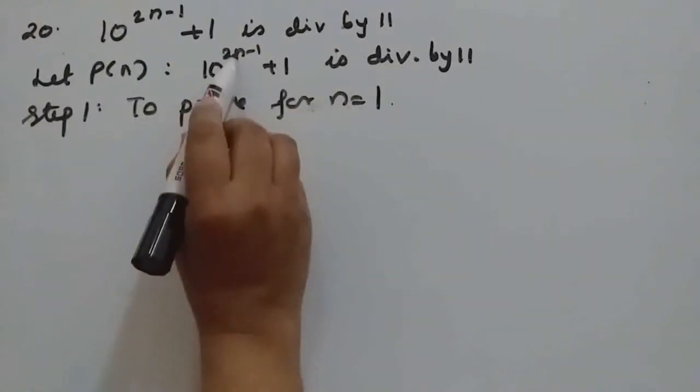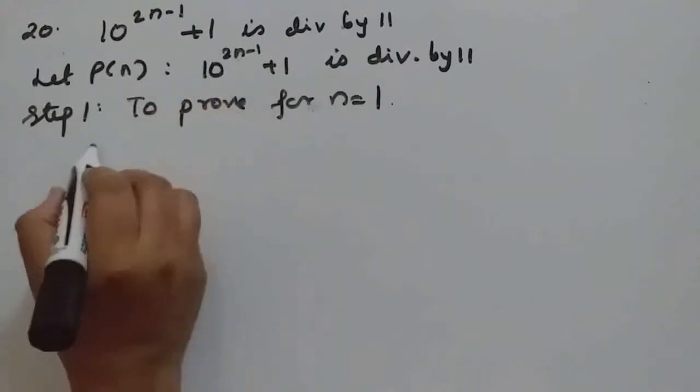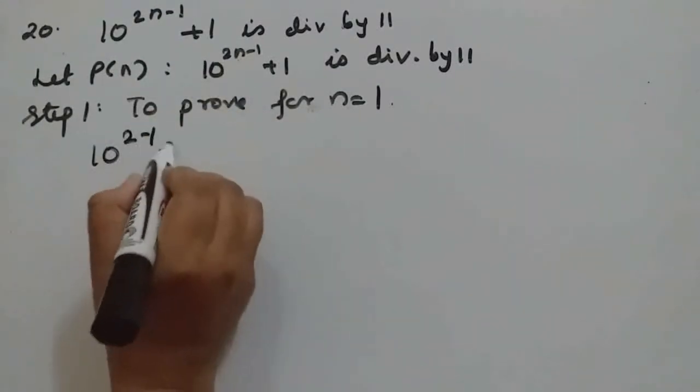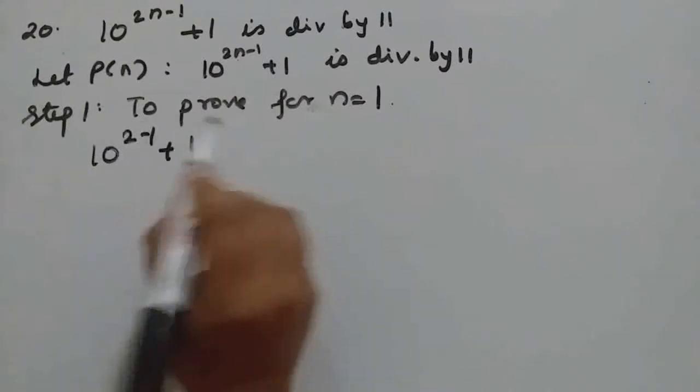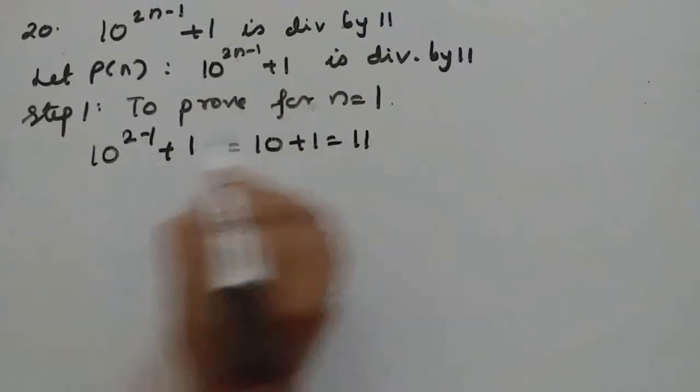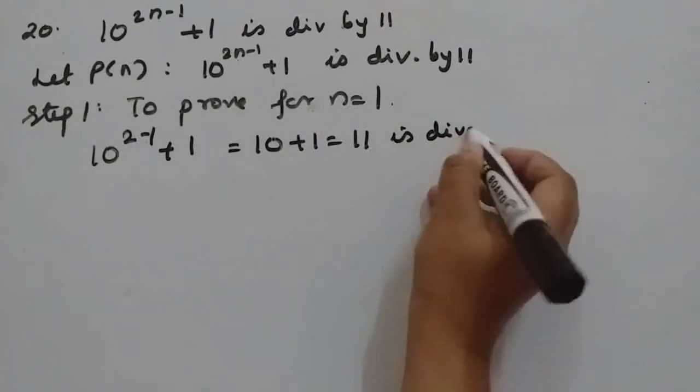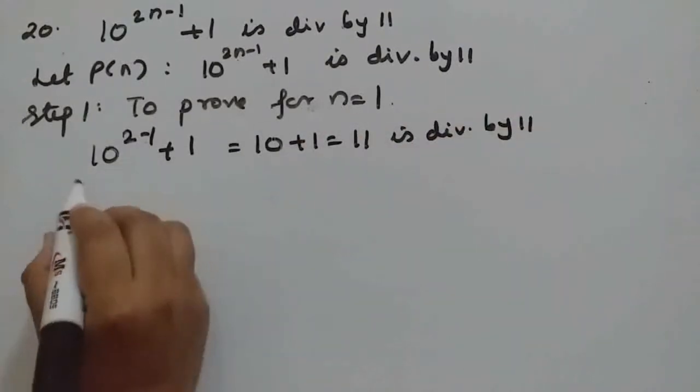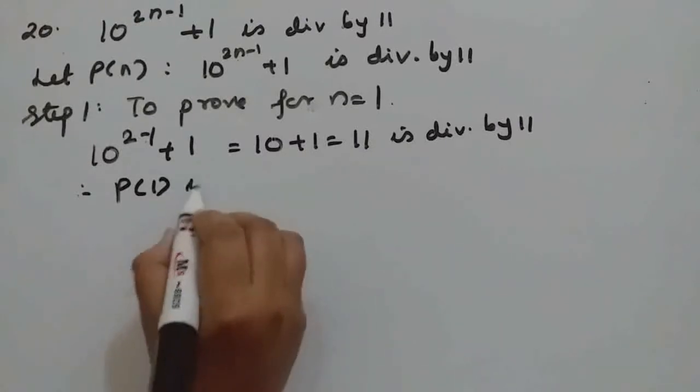Here we will substitute n value 1 in this expression. So 2 minus 1 means 10 power 1 plus 1, that is 11. So 11 is divisible by 11. Therefore P of 1 is true.